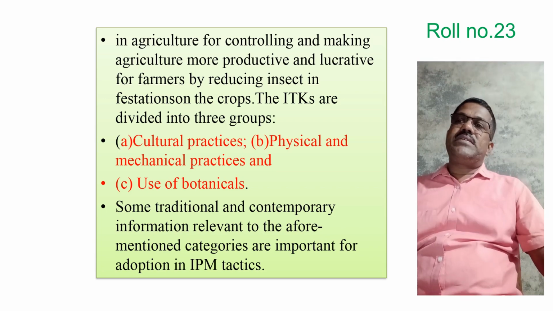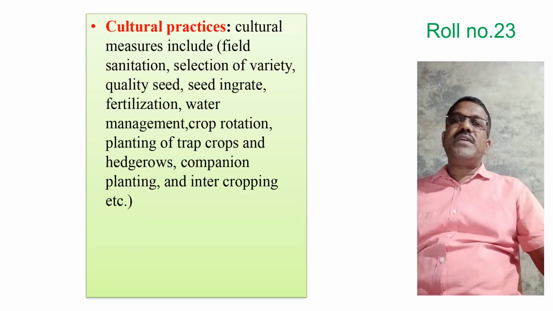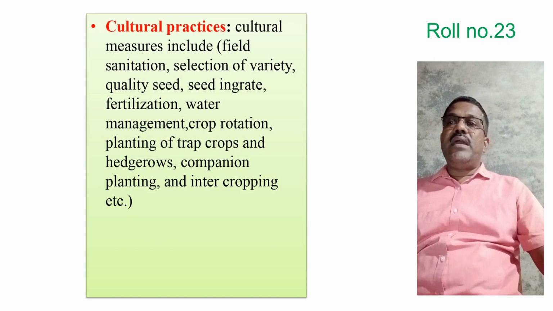Cultural practice. The cultural practice measures include field sanitation, selection of variety, quality of seeds, seed treatment and fertilization, water management, crop rotation, planting of trap crops and hedgerows, companion planting and intercropping.